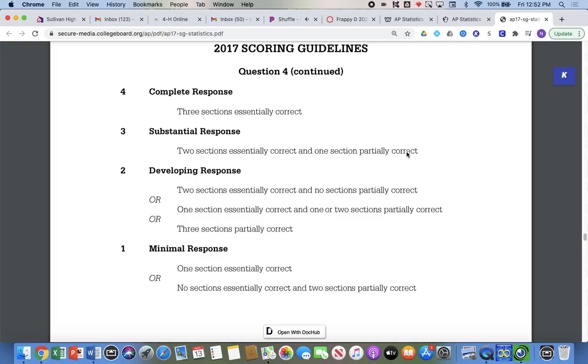You get a 2 if you have an E, an E, and an I. That's what the first part is. The second one is an E and 2 P's, or 3 P's.